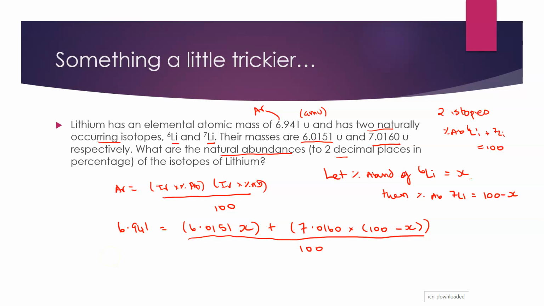6.941 multiplied by 100. So I'll get 694.1, and that's going to get rid of the 100 from the other side, is equal to 6.0151x plus, and I'm going to at the same time expand these brackets. So I'm going to get 7.0160 times x.